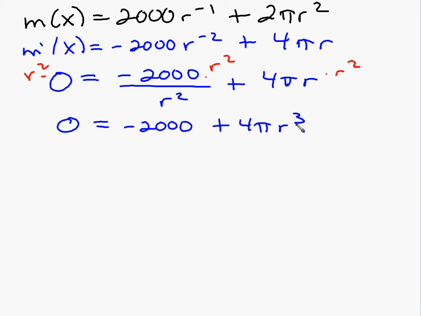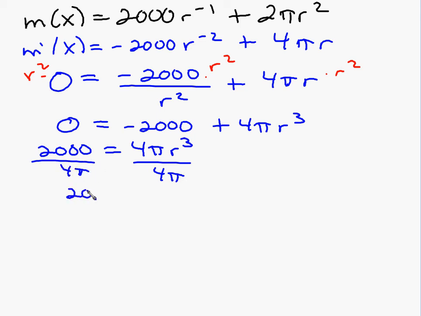Now, we do a little bit of algebra here. Take the 2,000 over, equals 4 pi r cubed. Divide both sides by 4 pi. Now I have 2,000 divided by 4 pi equals r cubed. And I can take the cube root, right?